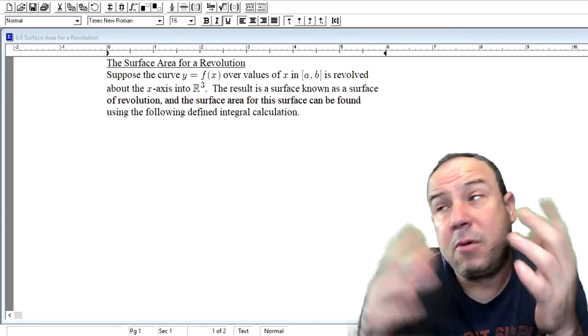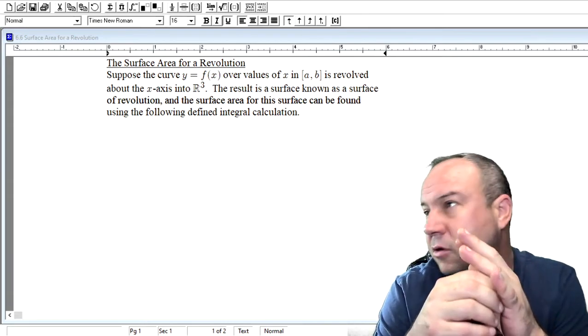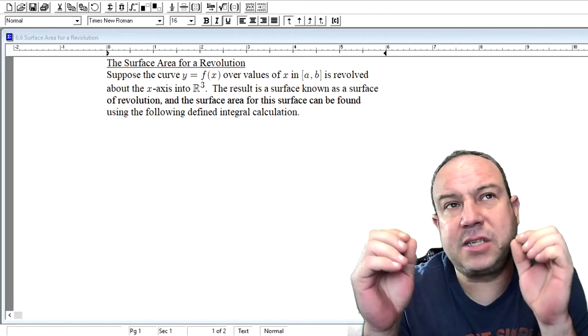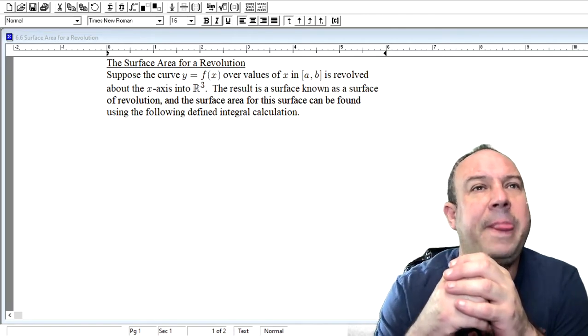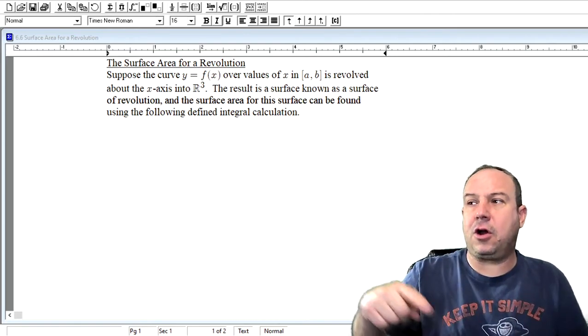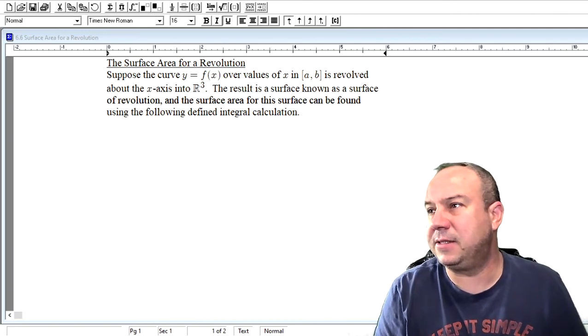But what we do assume here is, suppose we have a curve y equals f of x over values of x in this closed interval from a to b. Very much like the setup for an arc length calculation. But we take this curve and we revolve it around the x-axis in three-dimensional space.